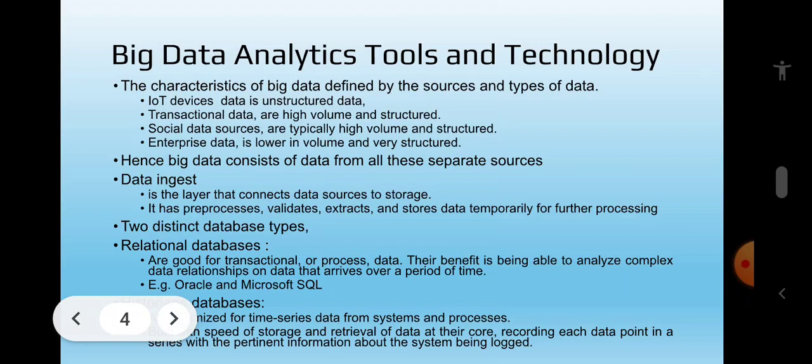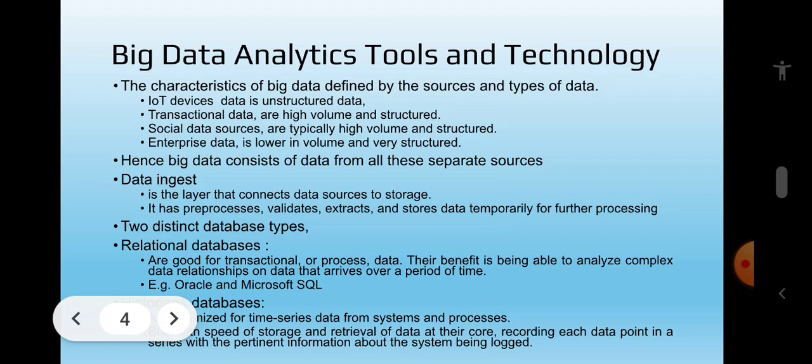Now, the characteristics of big data are defined by the sources and the type of the data. IoT device data is unstructured data. Transactional data are high volume and structured. Social data sources are typically high volume and unstructured.